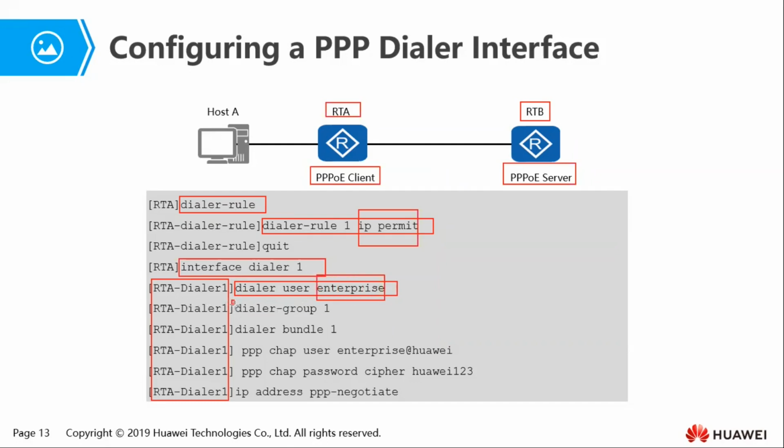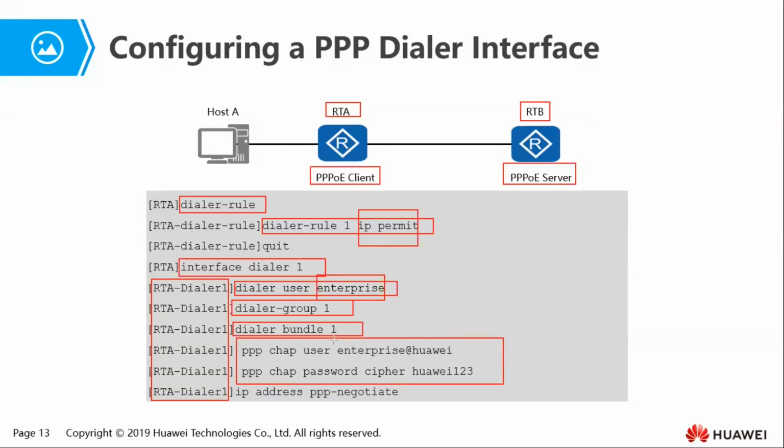Then we are also supposed to create a dialer group and a dialer bundle. The dialer bundle is used to bind the physical interface with the dialer interface that we've just created. We're going to see how that is done in the next slide. After that, we need to create the PPP authentication parameters.